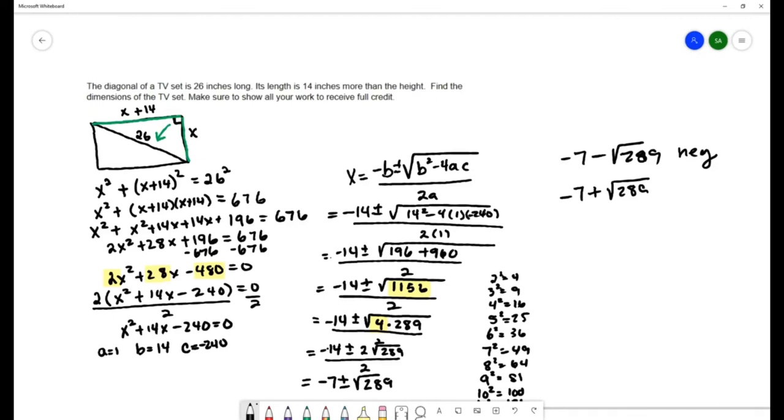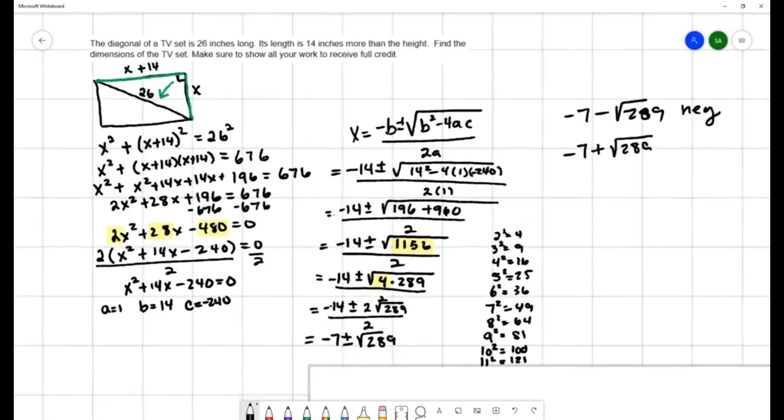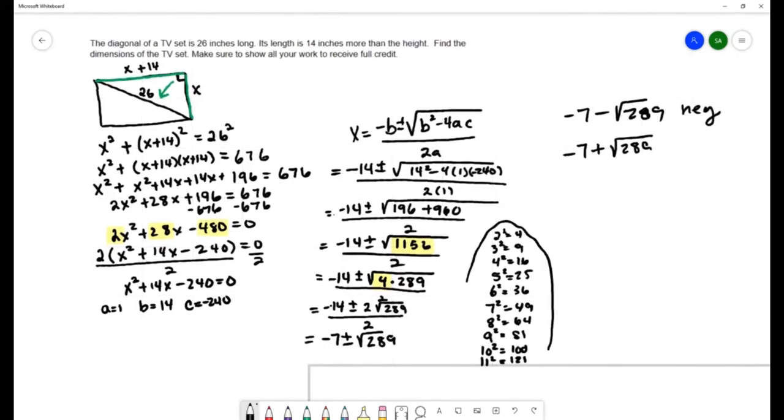I should have kept going higher on that chain of numbers there, because the square root of 289 is 17. 17 squared is 289.